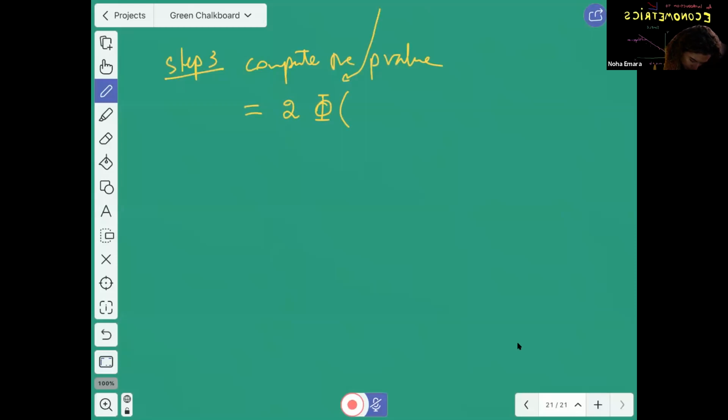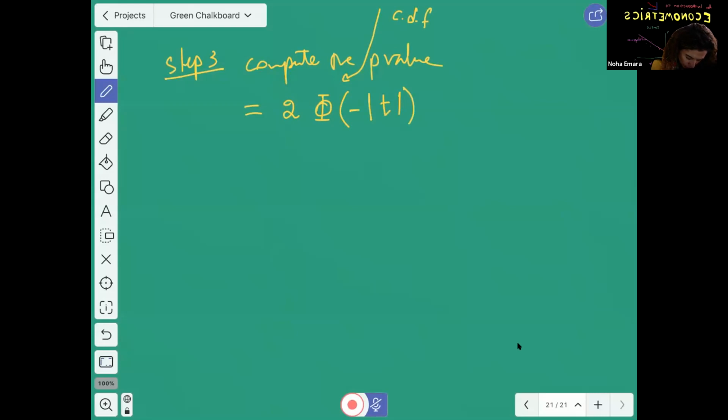So this one is the CDF, the cumulative distribution function. All the points that are less than or equal to the absolute value of the t-statistic that we just computed, right? And we take an absolute value.